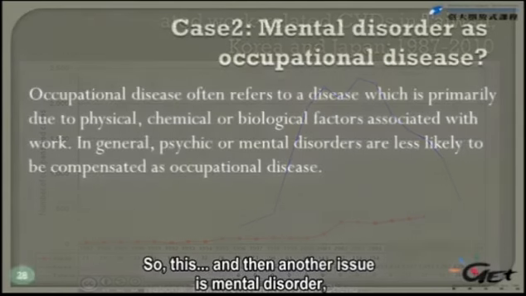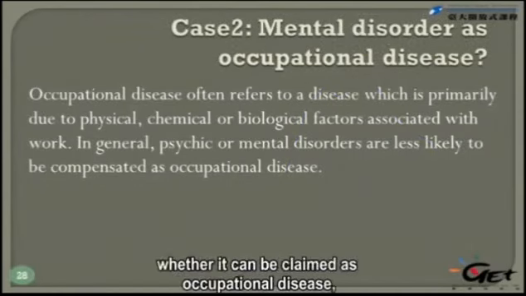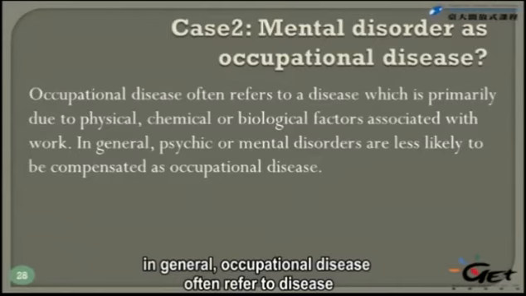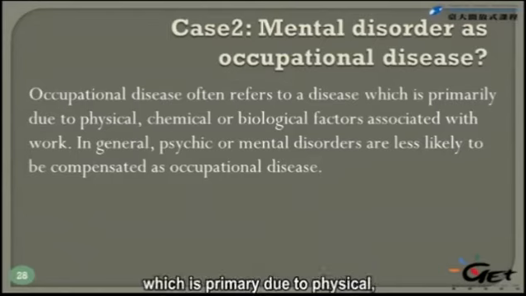Another issue is mental disorder, whether it can be claimed as occupational disease. In general, occupational disease often refers to disease which is primarily due to physical, chemical, or biological factors, so psychiatric or mental disorders are less likely to be compensated.